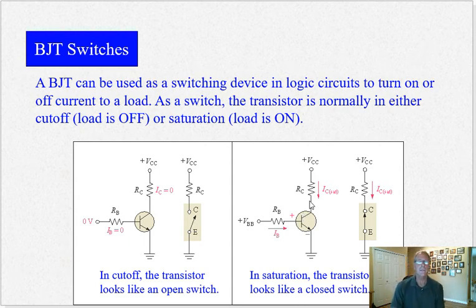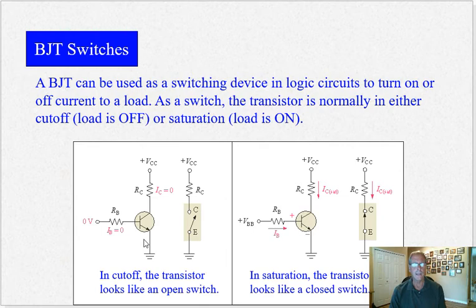And we can use it as a switch too. A 3904 and 2222s are often used as switches. And it's basically just operating a transistor between cutoff and saturation. I think in the first lab in this chapter, we do this. We actually just look at some switches, basically logic switches using transistors.